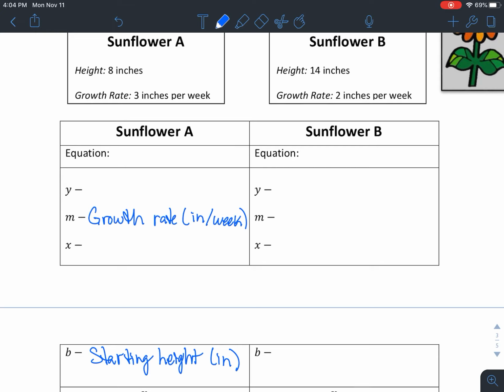In this case, my two variables, the two things that are going to change, are the height of the flower and how long it's being grown. X is always going to be time, in this case measured in weeks. And the y value is going to be the height of my flower, and that, of course, is measured in inches.